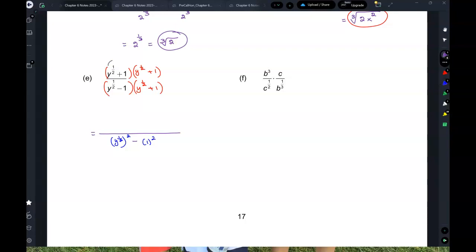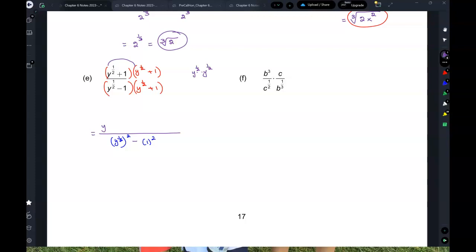So it's going to be, how much is that going to be, the outer terms? Y to the half times y to the half, y to the 1, because you add the exponents, okay? So it'll be y. I know, it's a whole new world.